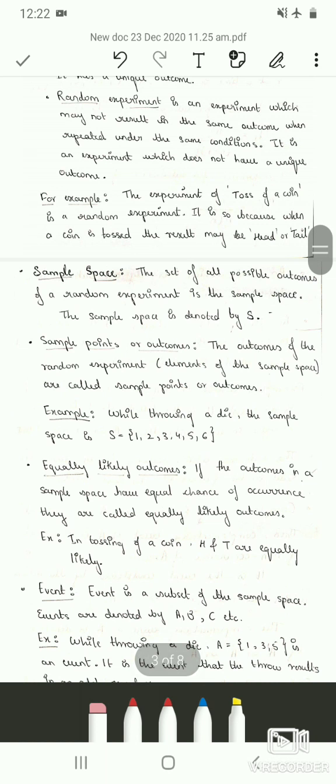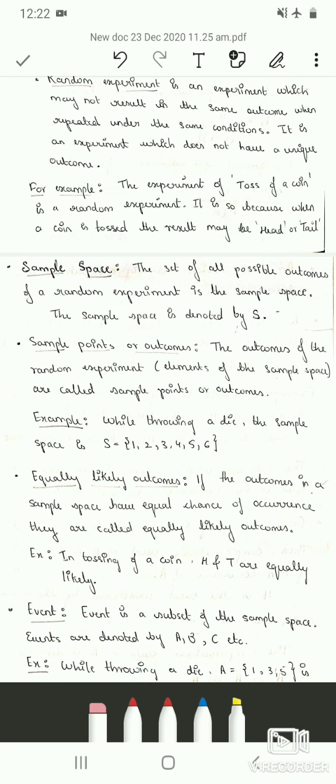So the next definition is sample space. The set of all possible outcomes of a random experiment is called the sample space, and it is denoted by capital S. So suppose we are tossing two coins simultaneously, then the sample space S is HH, HT, TH and TT, where H is head and T is tail.